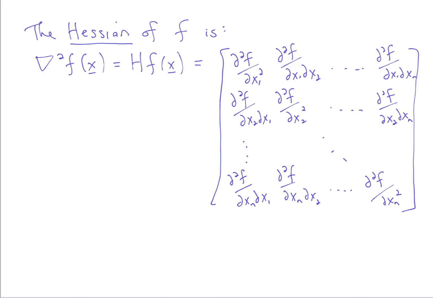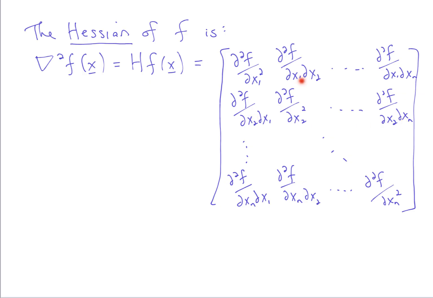You notice that the order of partial differentiation here matches the entries of the matrix. The 1, 2 entry, we have partial x1, partial x2, all the way down to the 1n entry where we have partial x1, partial xn. For the second row, we have the second order partial of f with respect to x2 and with respect to x1, the second order partial of f with respect to x2 twice, all the way down to the second order partial of f with respect to x2, with respect to xn.